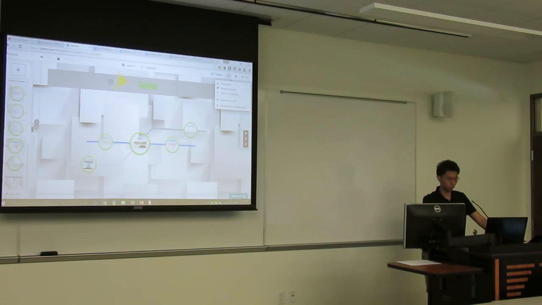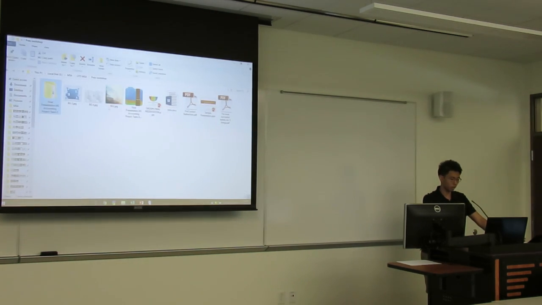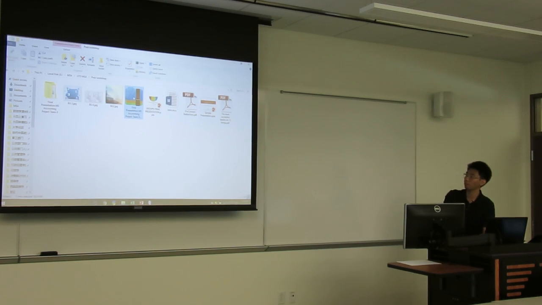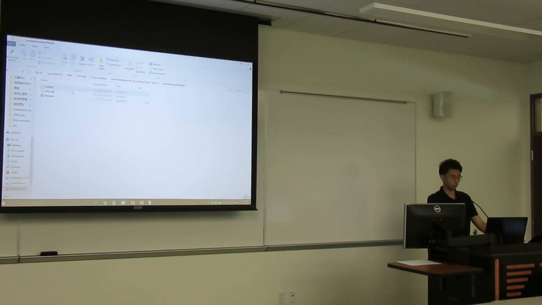So what I did is, after I hit download as portable pricing, I will get a zip bag like this. After I unzip the zip bag, it will give me a folder like this with the pricing exe file. And then I just double click on it.